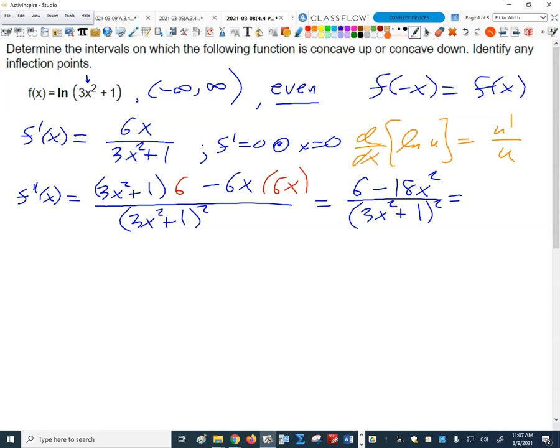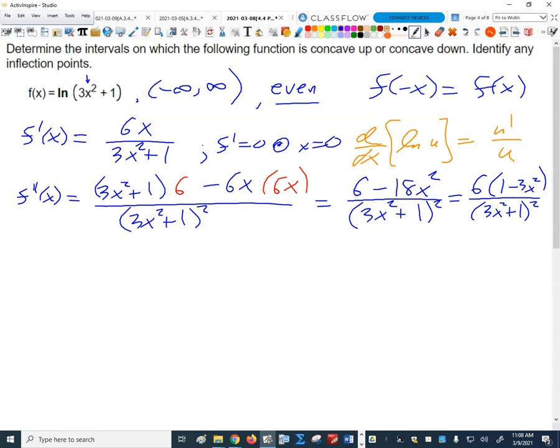And if I want to factor out a 6, I could do that. So I get 6 times 1 minus 3x squared over 3x squared plus 1 squared. Are there any zeros of the second derivative? Yes, there would be. The second derivative is 0 when 3x squared equals 1.